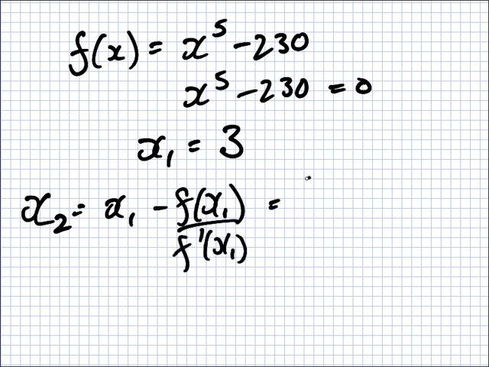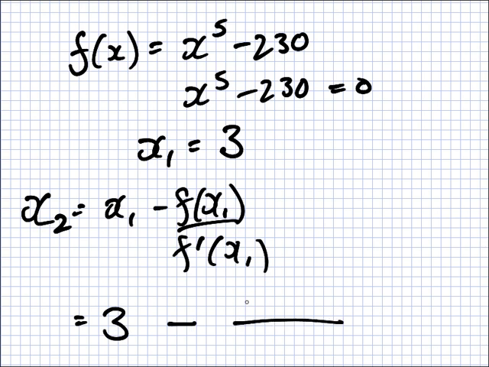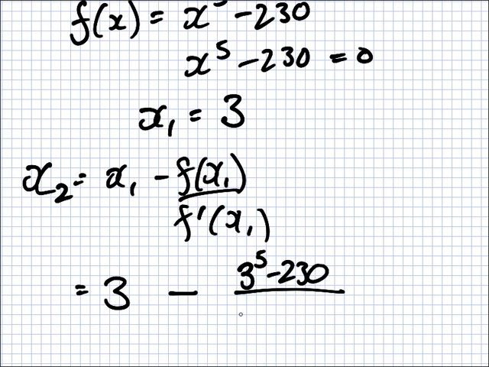So that would be, sorry, that's a lie, x2 equals 3 minus the fraction 3^5 minus 230, because that's f(x), and then the derivative is 5x^4.